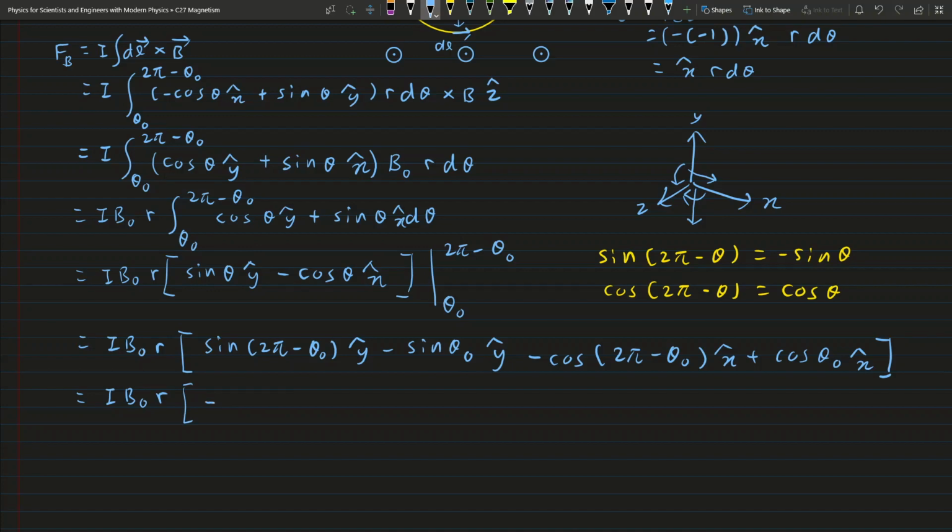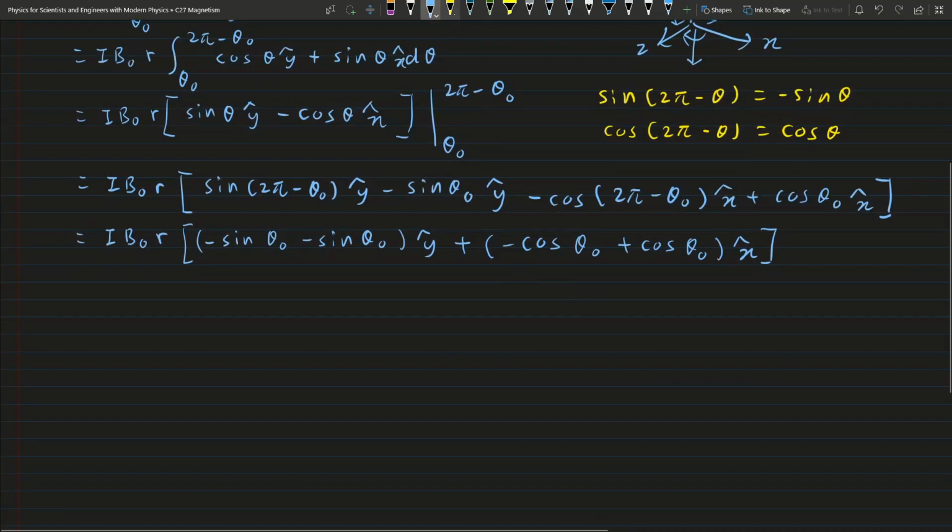Here we have minus sine theta naught and minus sine theta naught in the y component, and here we have cos theta naught plus cos theta naught in the x component.